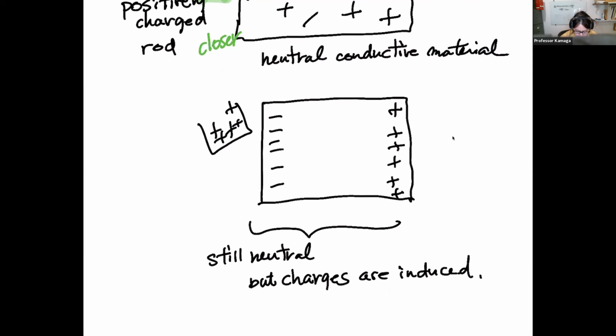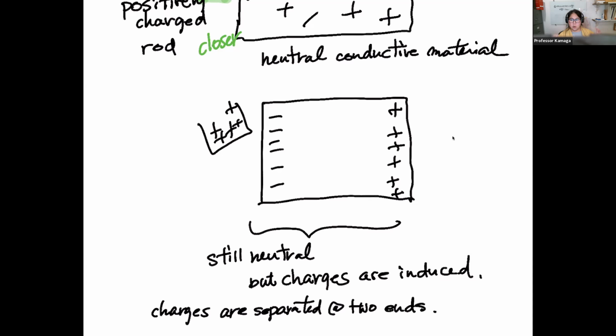Which means that charges are separated at two opposite ends. So this is called induction, that you induce the charge.